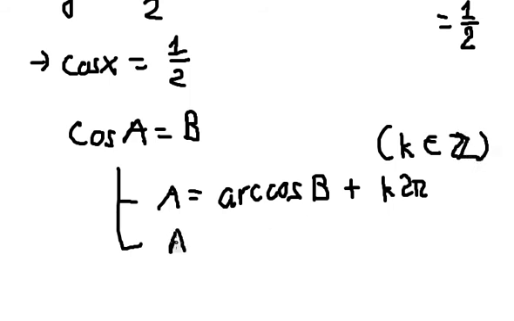And we have A equal to negative arc cosine of B plus 2kπ.